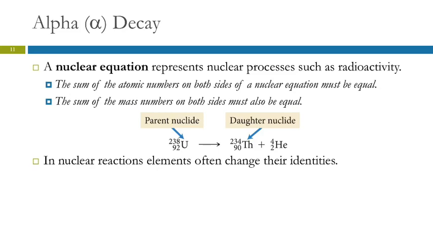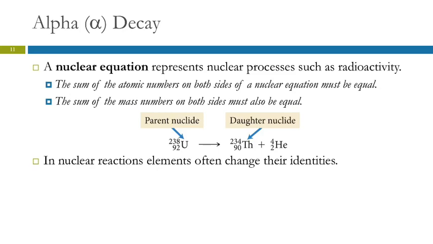We write nuclear equations to represent nuclear processes. And in a way, these are very similar to molecular chemical equations in that they need to be balanced. But now we're concerned with balancing in a more detailed way.